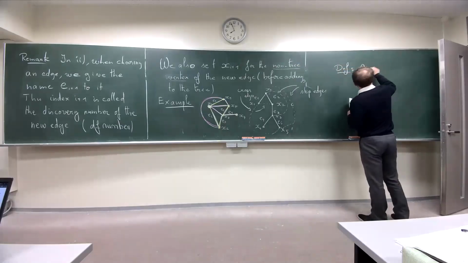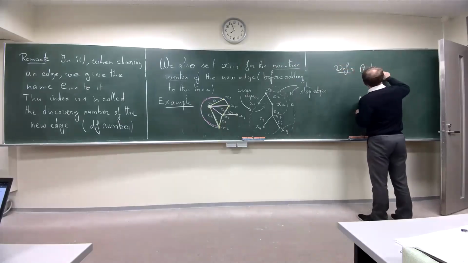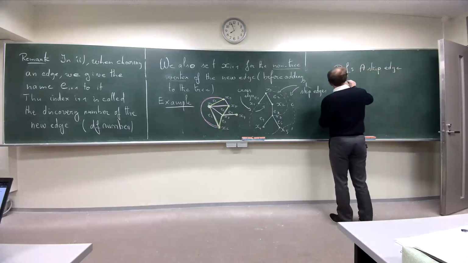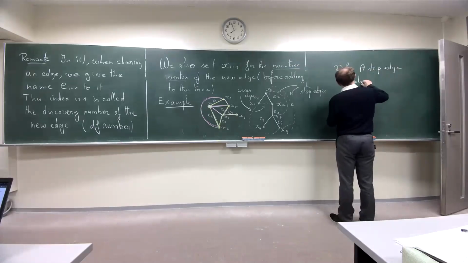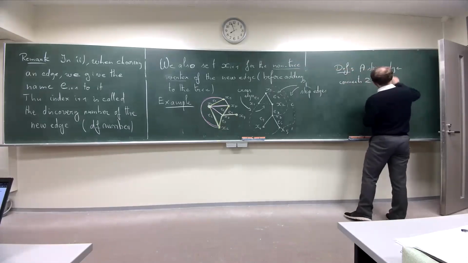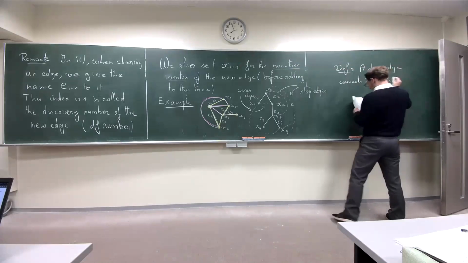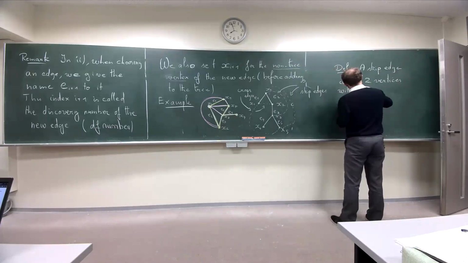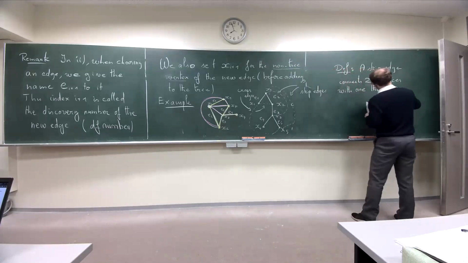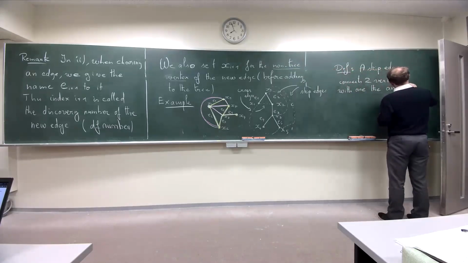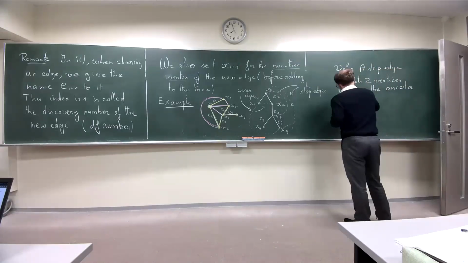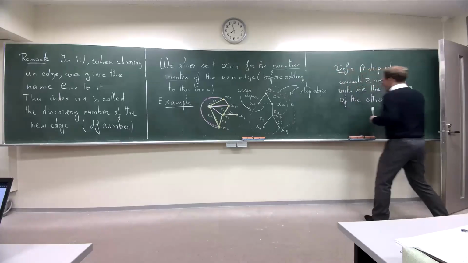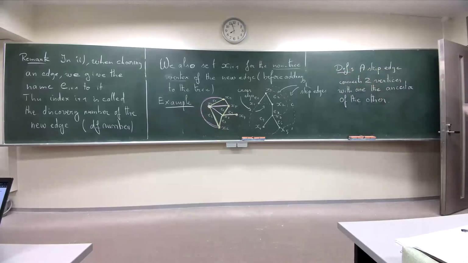So let me give the definition of skip edges and cross edges. A skip edge connects two vertices with one the ancestor of the other. And indeed, this is what I represented on the right.